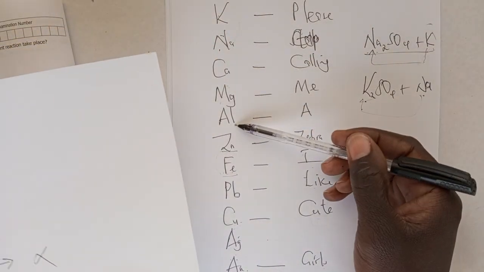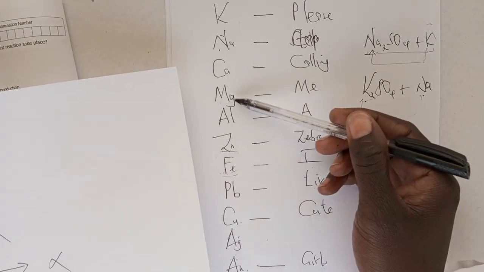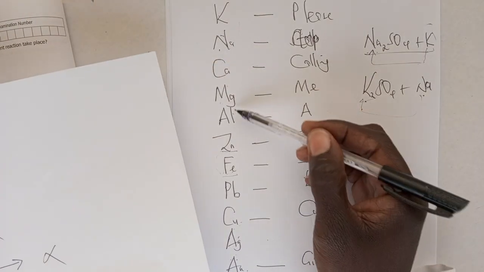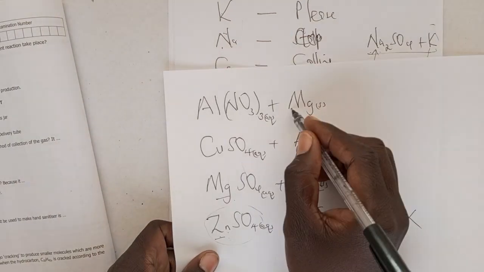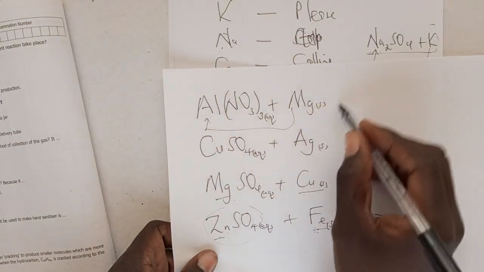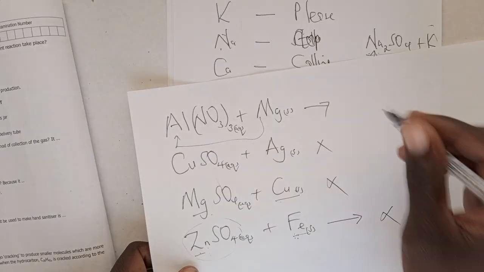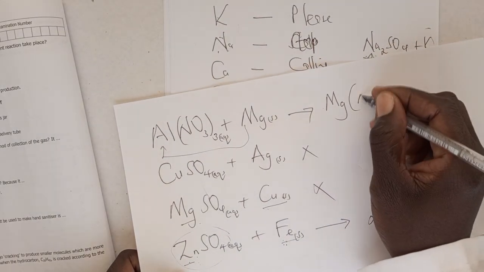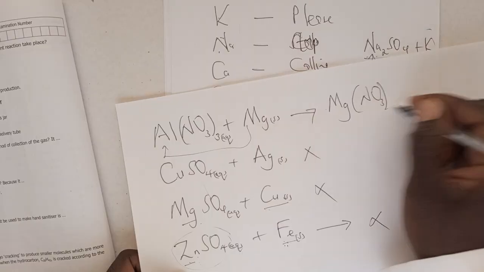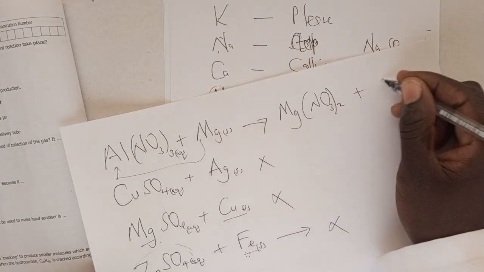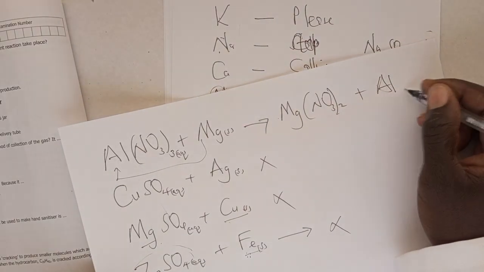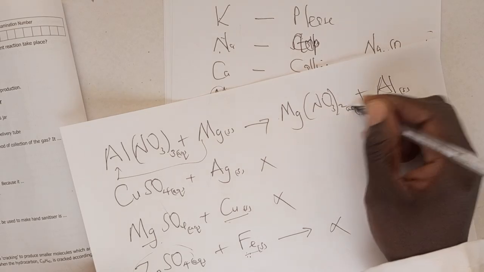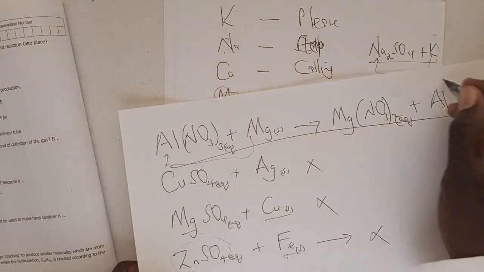Magnesium and aluminium. Aluminium is below magnesium, so magnesium can displace aluminium. So magnesium can displace aluminium here because magnesium is more reactive than aluminium. So this reaction can rightly take place, plus aluminium metal there, aqueous, and then you'll have to finally balance the equation.